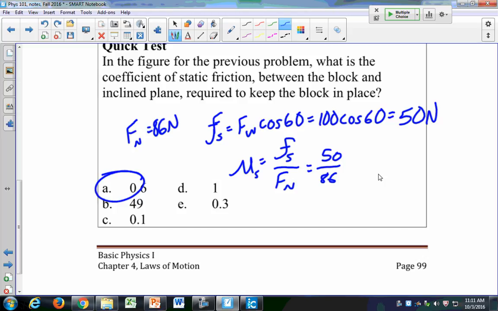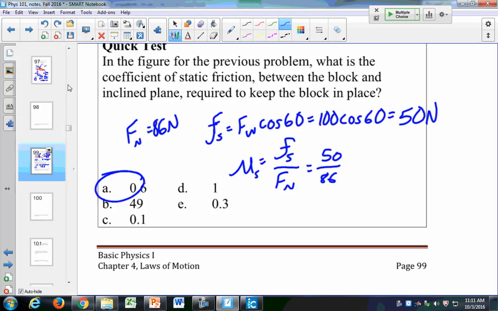Okay. Let's look at some other inclined plane problems, because I think that many of you still don't quite have it yet. Let's look at the old test in the back of your book.